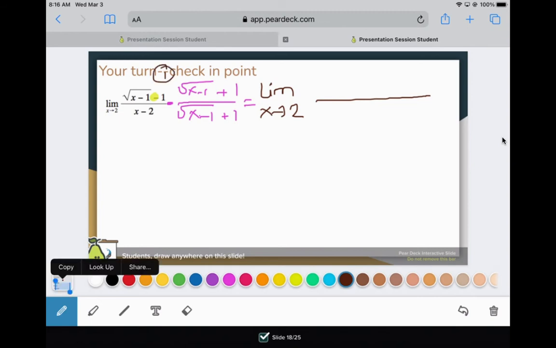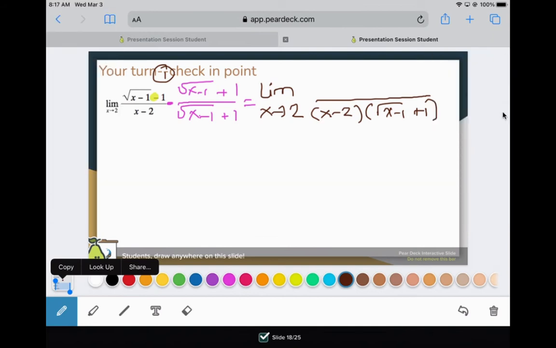Okay. So this is step 1. Step 2, I'm going to multiply them together. The denominator, I will not multiply because I want to cancel that one out. So I'll leave it square root of x minus 1 plus 1. Okay, so I'm going to multiply the numerator.